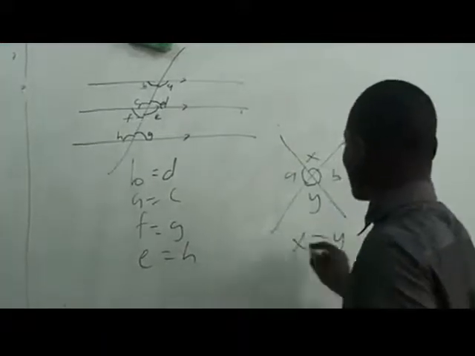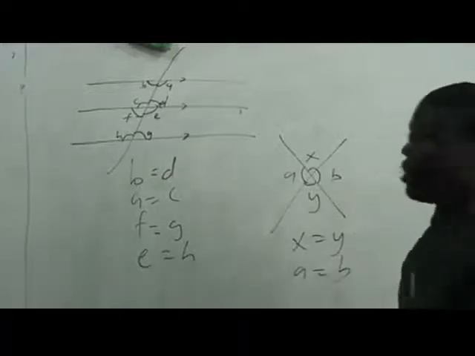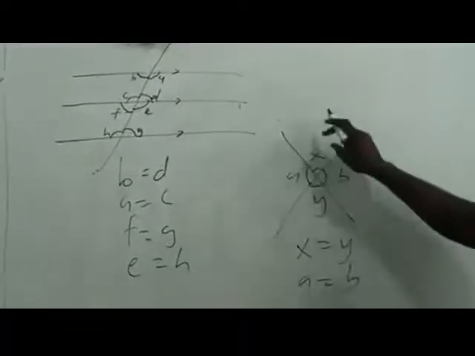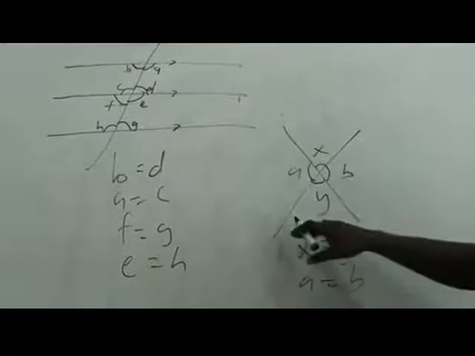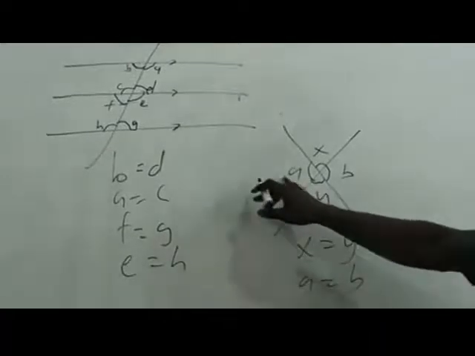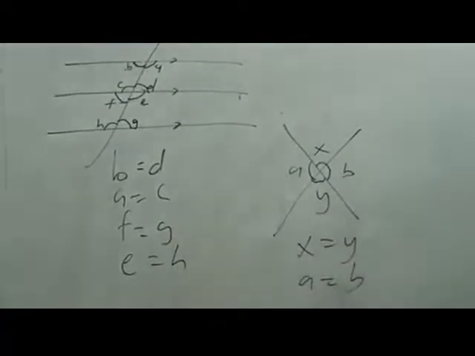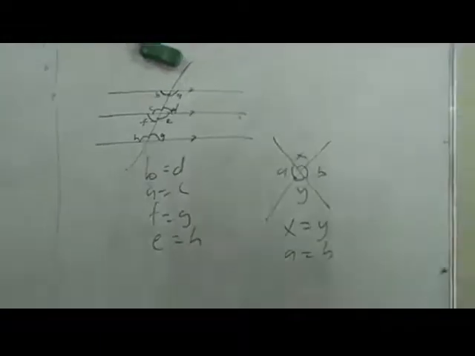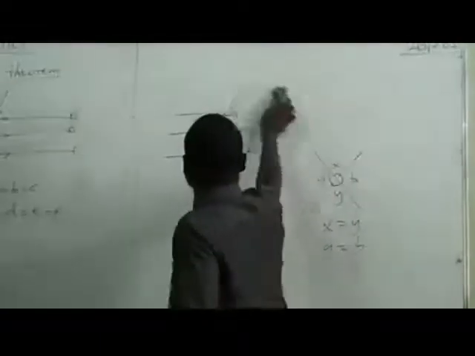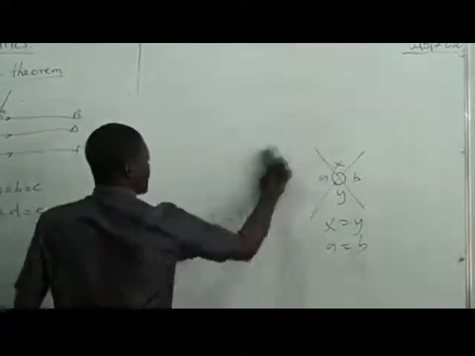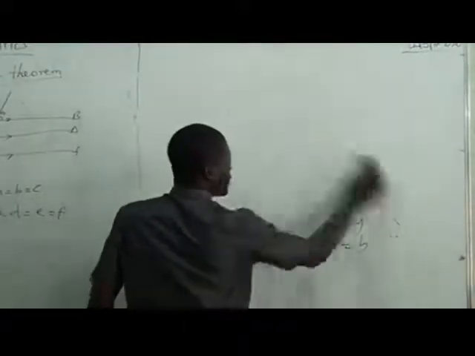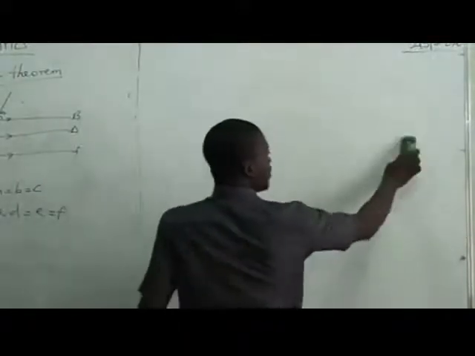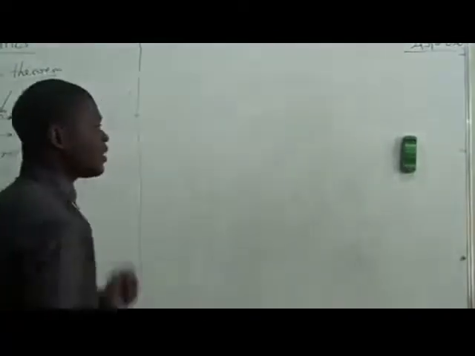This implies that X is equal to Y and A is equal to B, which implies that whatever value we have here will also be the value there, and the same for this place. Am I communicating? Now with this, let us solve some exercises concerning vertical angles, corresponding angles, and all that.